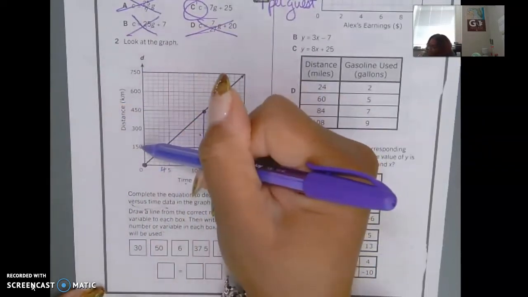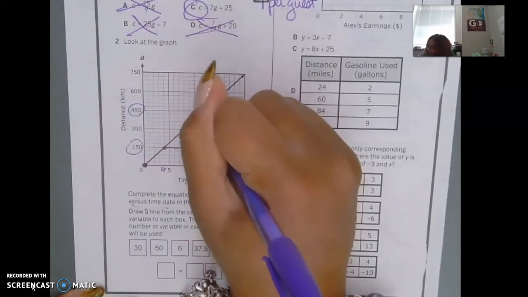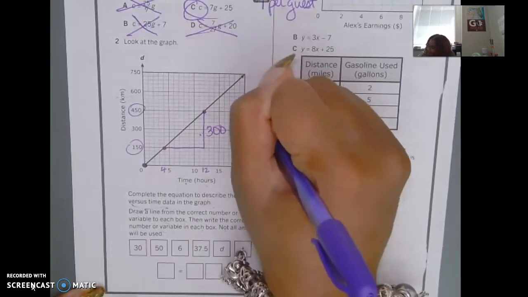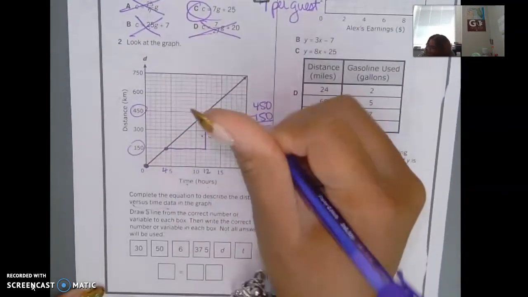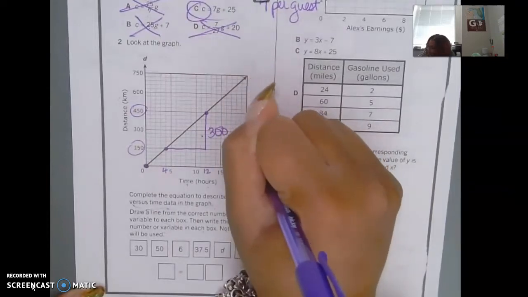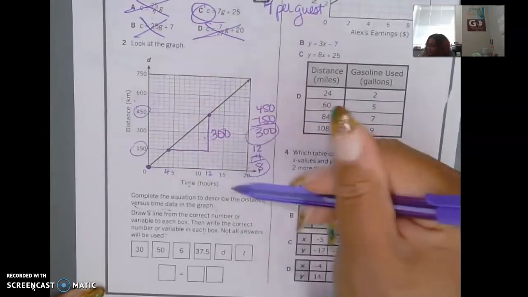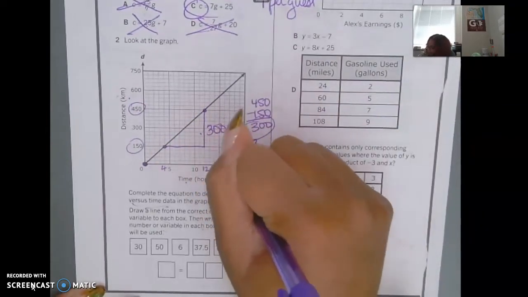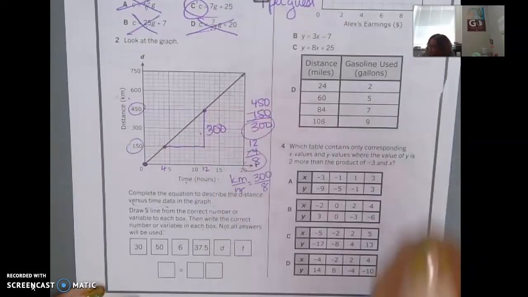So the difference between 150 and 450 is 300. 450 minus 150 is 300. And then the difference between 12 and 4 is 8. This is a rate. This is kilometers per hour. It's 300 every 8 hours.